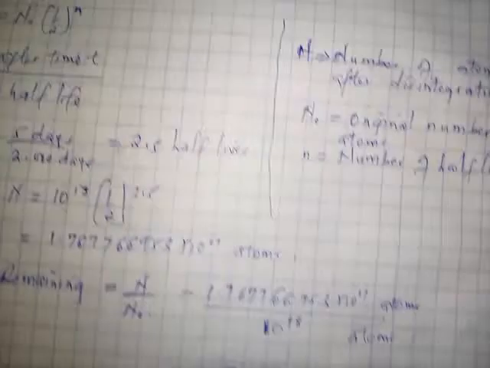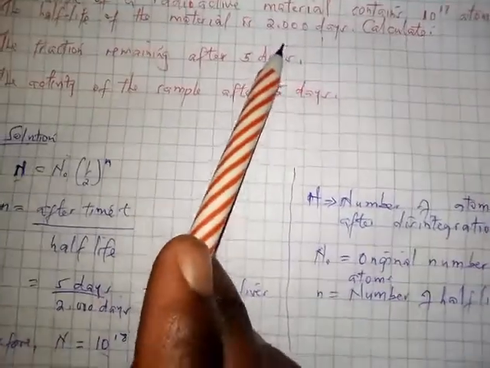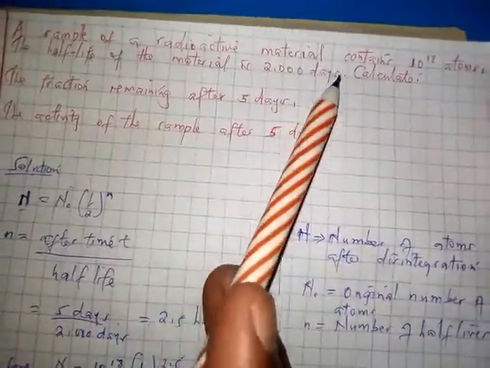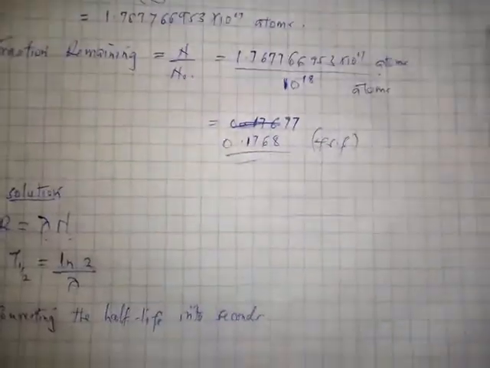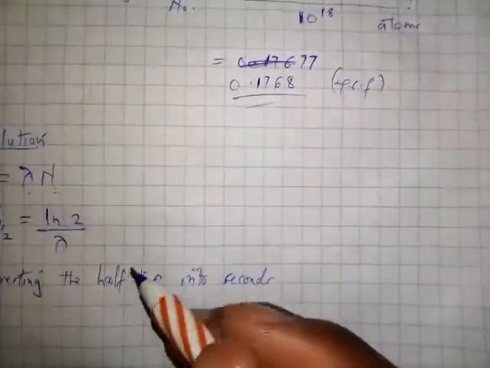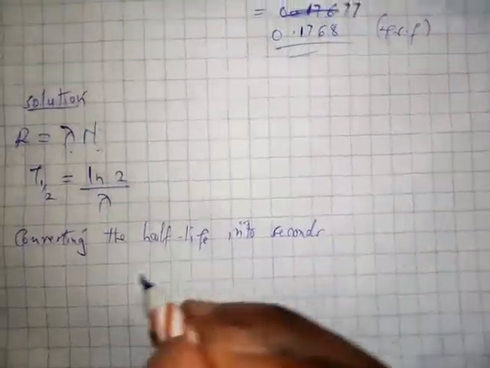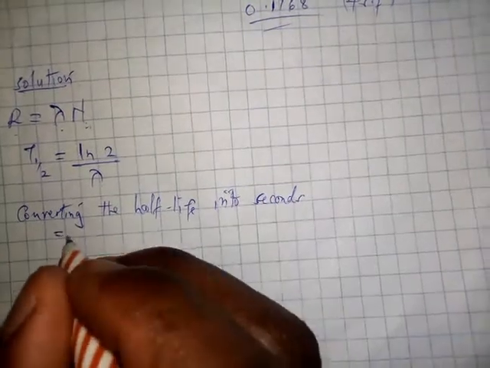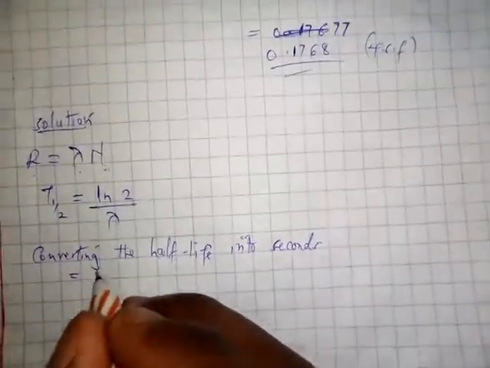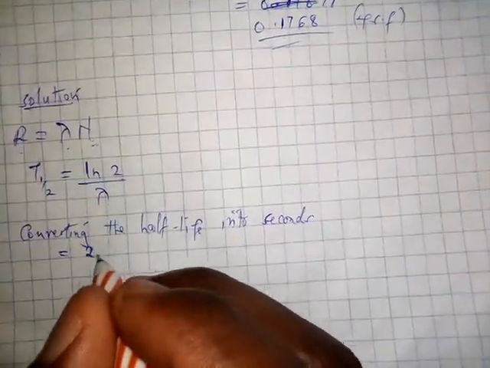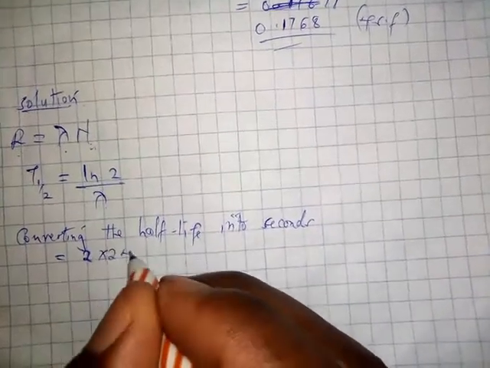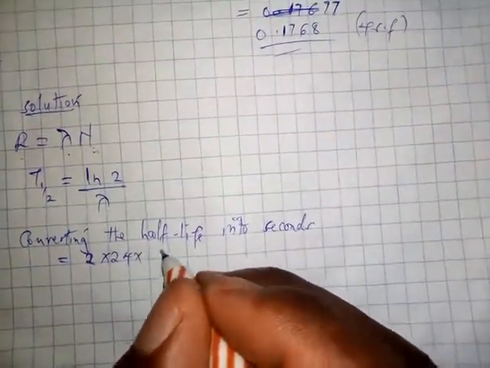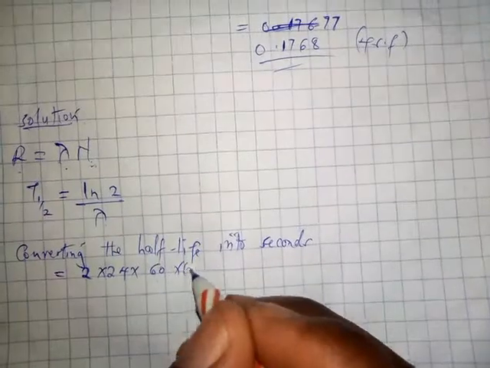Remember, the half-life is 2.000 days, so we convert that into seconds: 2 times 24 times 60 times 60.